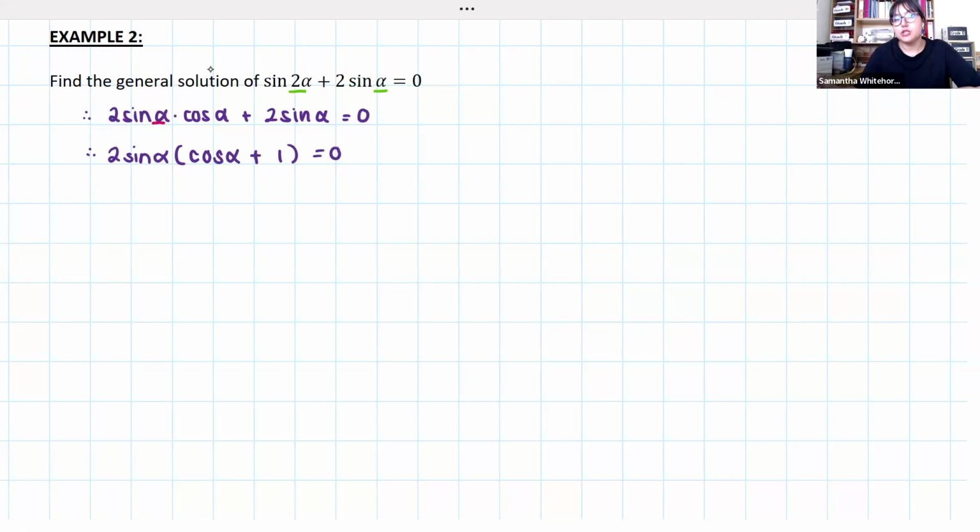Remember, what you've essentially done here is you've dealt with this as like a quadratic equation, as a factorizable equation. And remember, anytime you're working with a quadratic equation, you should have one side equal to 0. And once you have factorized, you can now make each of your factors equal to 0. And so what that means is we can now say 2 sine alpha is equal to 0, as well as cos alpha plus 1 is equal to 0.